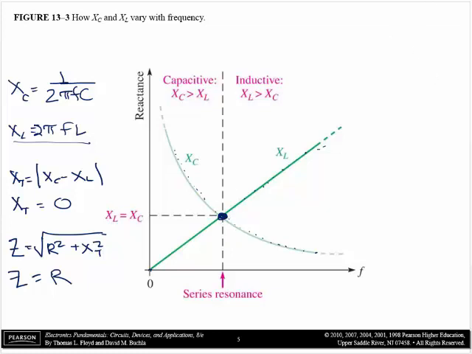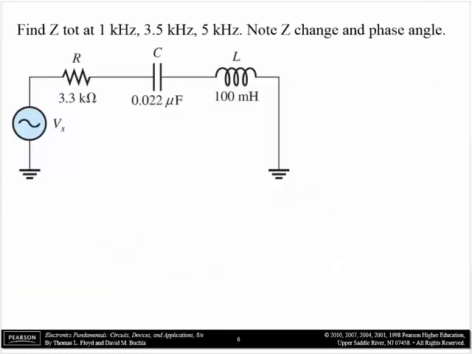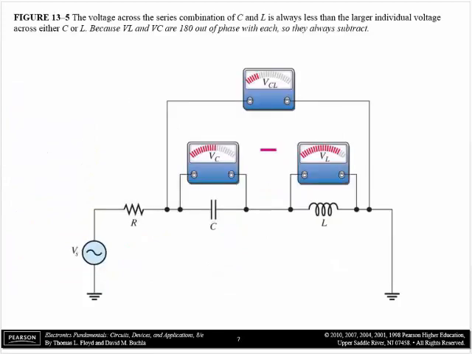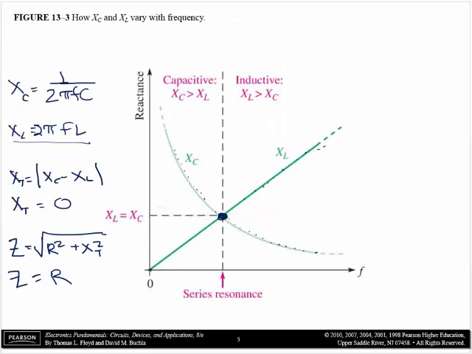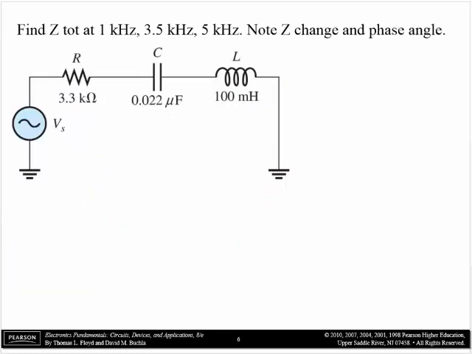Let me see what my next slide is, because I'm going to make a point at that. Okay, going back for a moment. We will talk a little bit more about this resonance phenomenon in the next few slides. Find Z total at 1 kHz, 3.5 kHz, and 5 kHz.